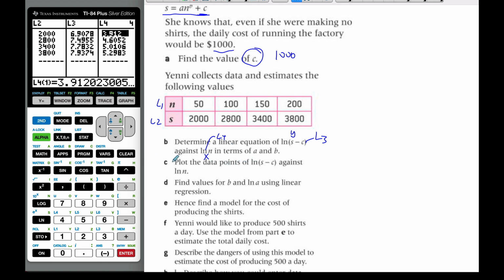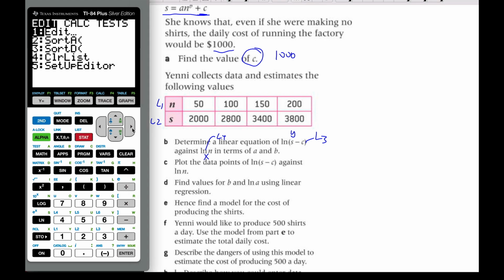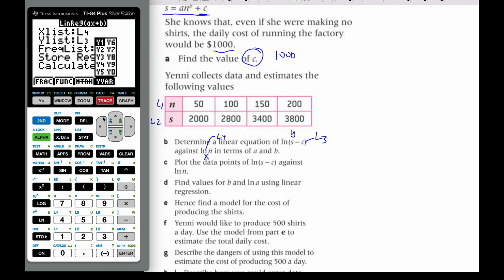Now I want to do a linear regression of these two. I go to stats and do a linear regression. My X list is L4 and my Y list is L3, and let's put it into Y1.